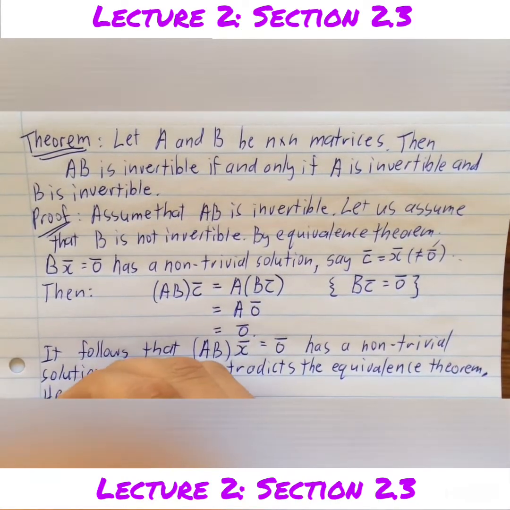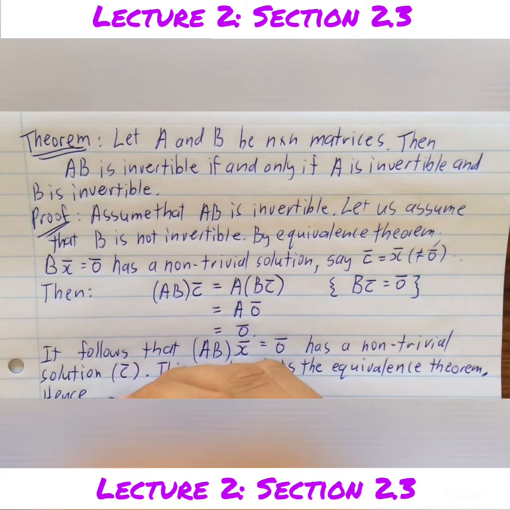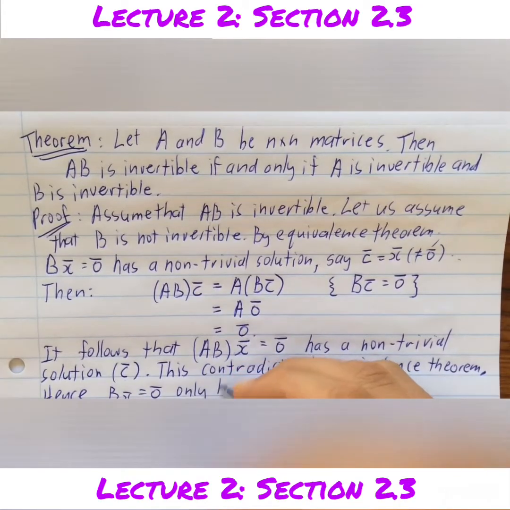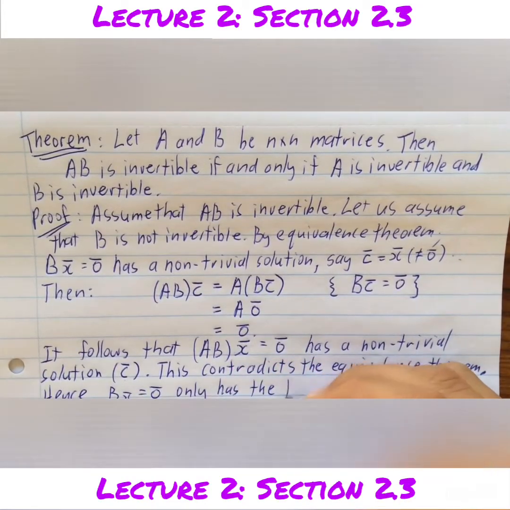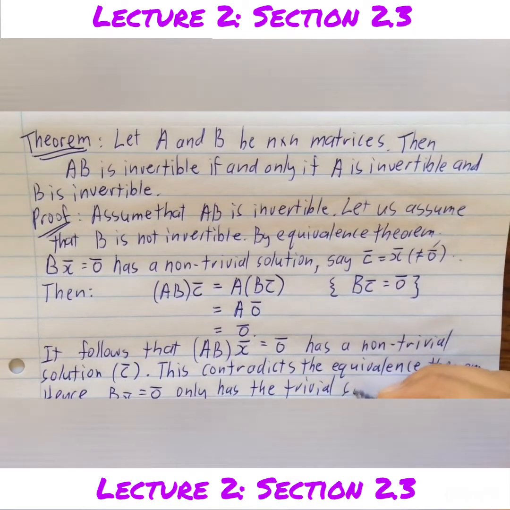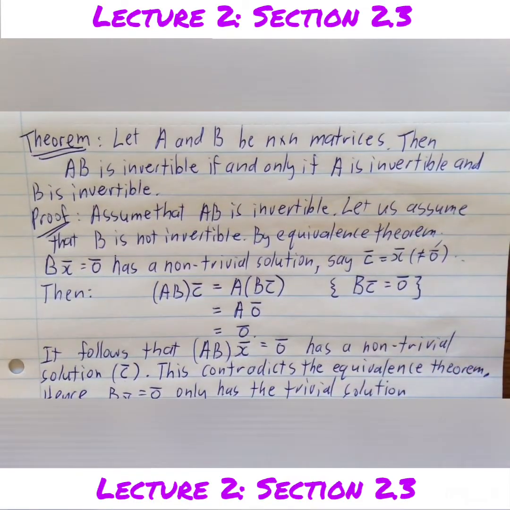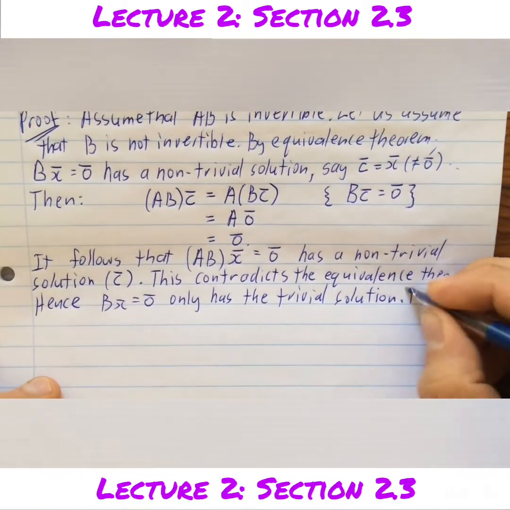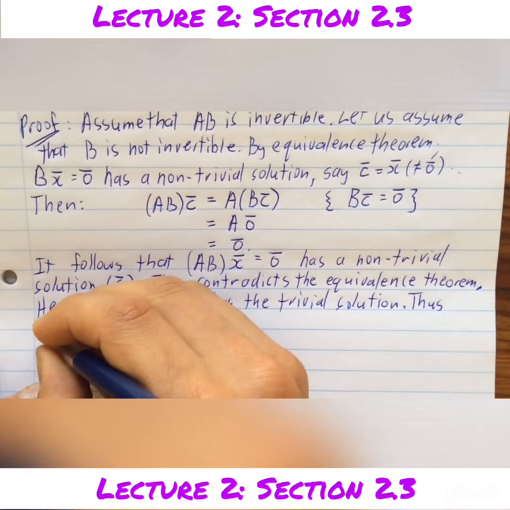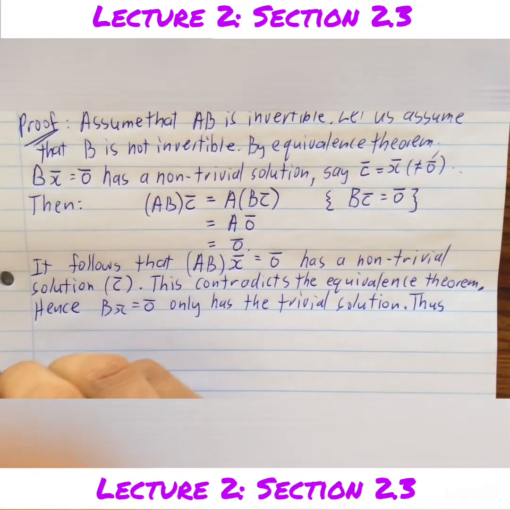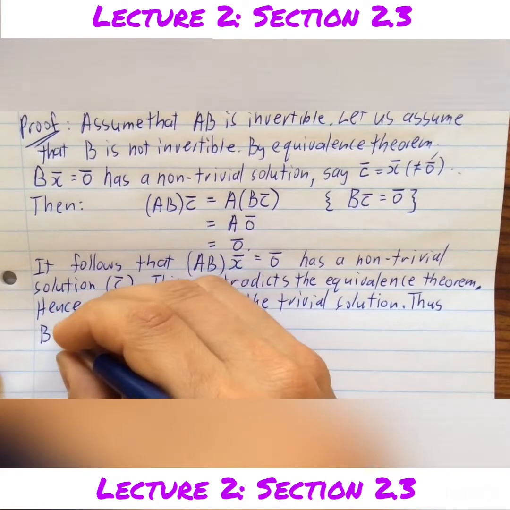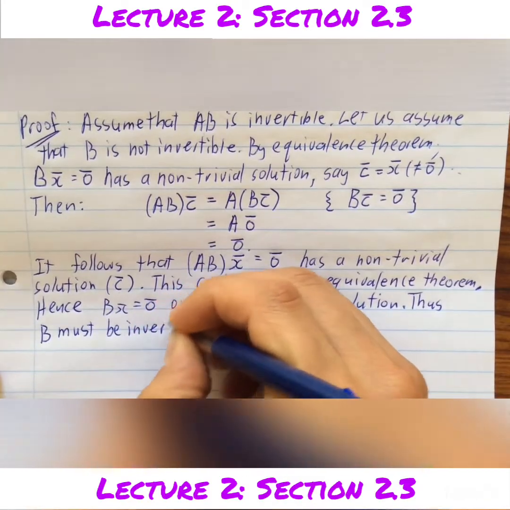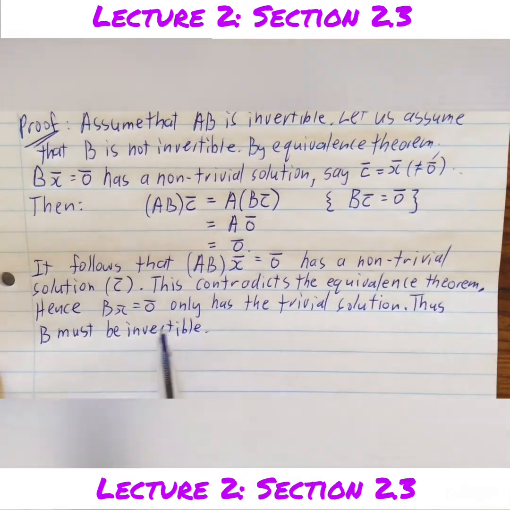Hence, Bx equals 0 only has the trivial solution. We can therefore say that B must be invertible, because you're getting a contradiction otherwise.